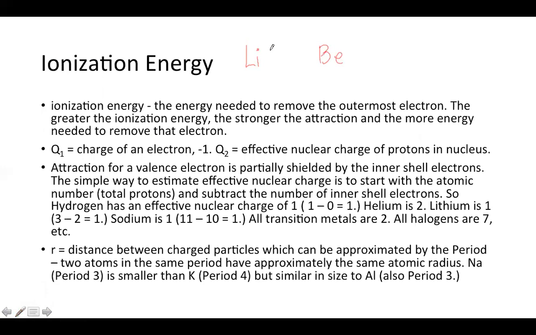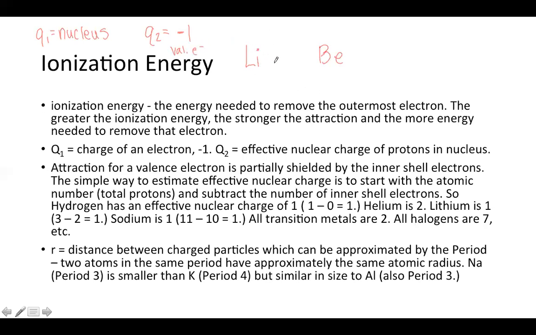For ionization energy, the two charged particles that we're looking at and their attraction to one another are the nucleus and the electron. So Q1 is going to be the nucleus, and Q2 will be the electron, right? Because ionization energy is how much energy it takes to remove a valence electron. So we'll let that be -1. That's a valence electron.